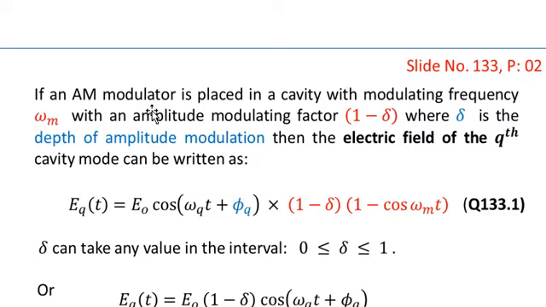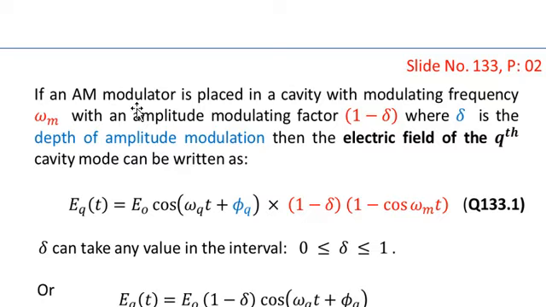If an amplitude modulator is placed in a cavity with the modulating frequency omega m, with an amplitude modulation factor 1 minus delta, where delta is the depth of the amplitude modulation, then the electric field of the qth cavity mode can be written as follows. As discussed earlier, we are talking about the qth mode, and now we are also talking about an amplitude modulator placed in the laser cavity.